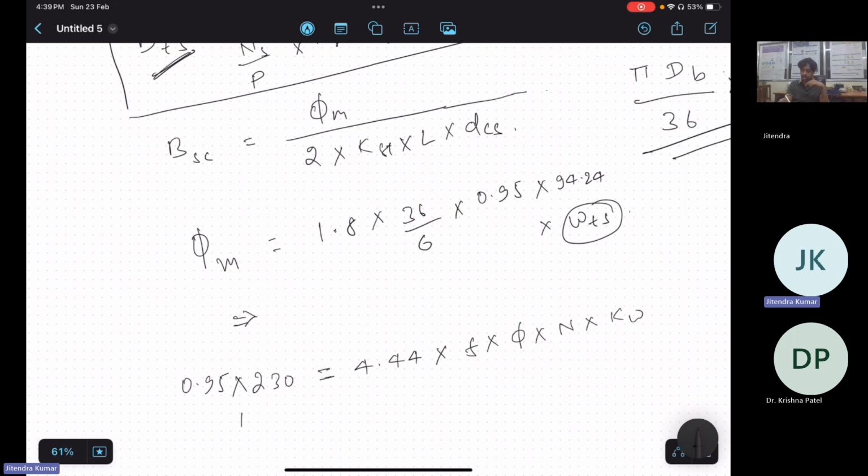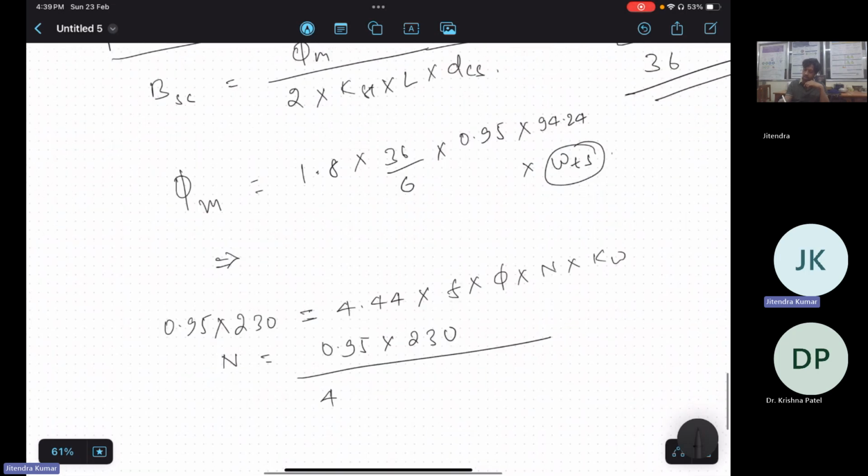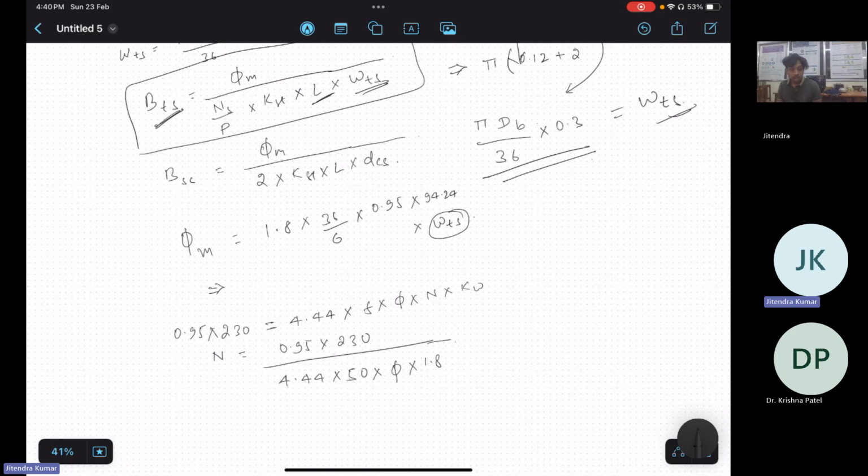So we are calculating the number of turns: 0.95 into 230, divided by 4.44 into frequency 50 into flux, whatever value comes out, and KW is 1.8. Okay, so this is the way of calculating the number of turns in the main winding.